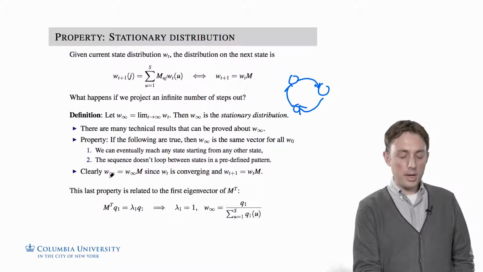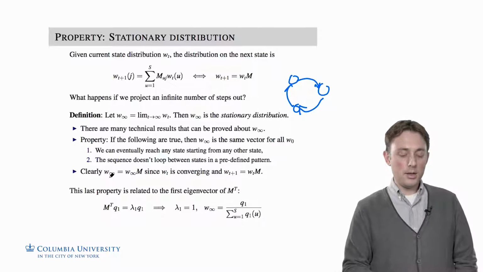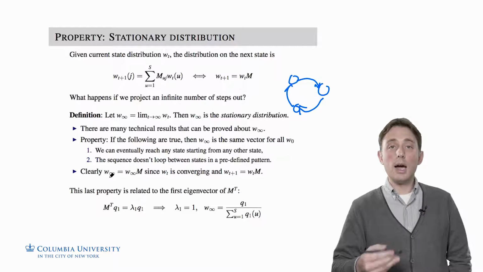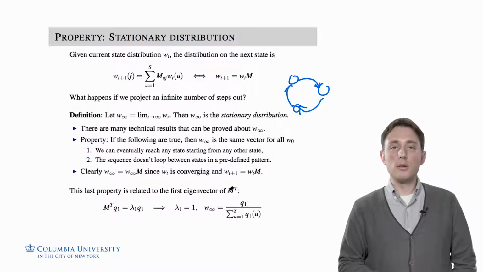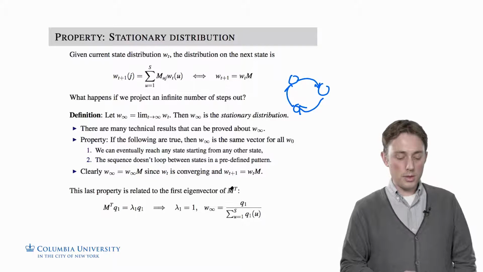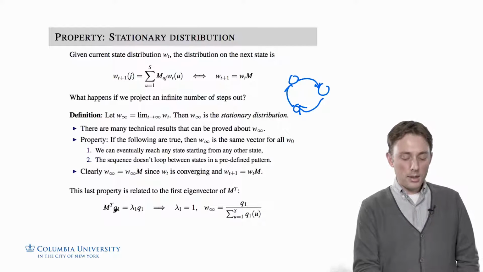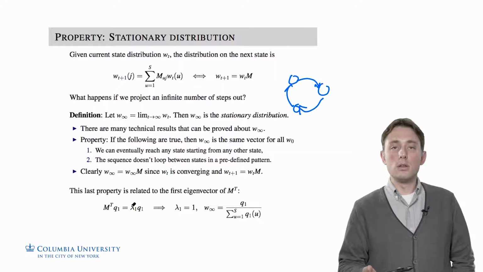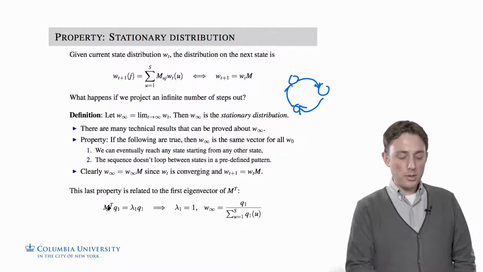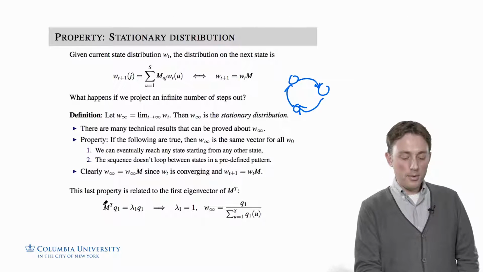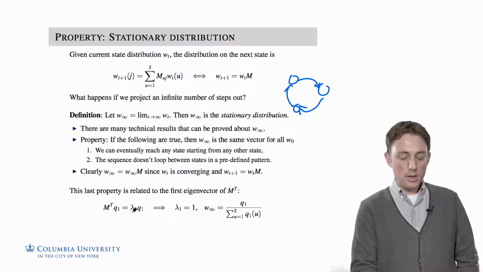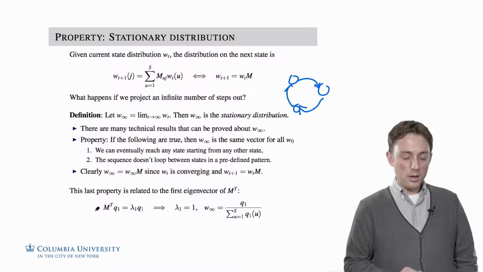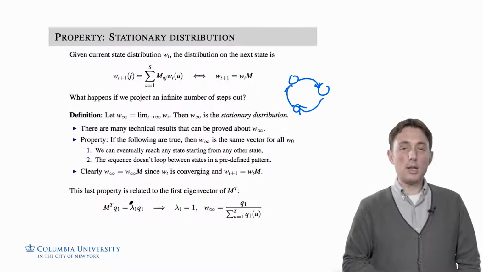So we're looking for a vector having this property to be our stationary vector. And this is closely related to the eigenvectors of the transpose of the Markov transition matrix. So remember that q1 and lambda 1 are the first eigenvector and eigenvalue of a matrix M transpose if M transpose q1 is equal to lambda 1 q1. So this is the property of an eigenvalue and an eigenvector.